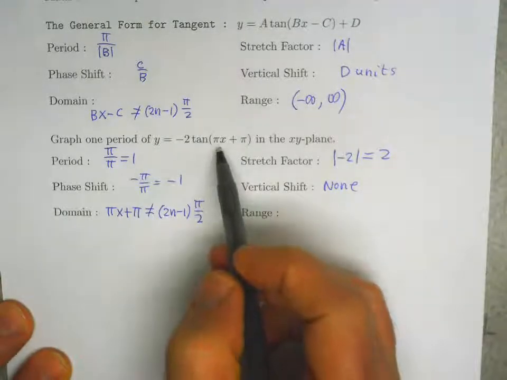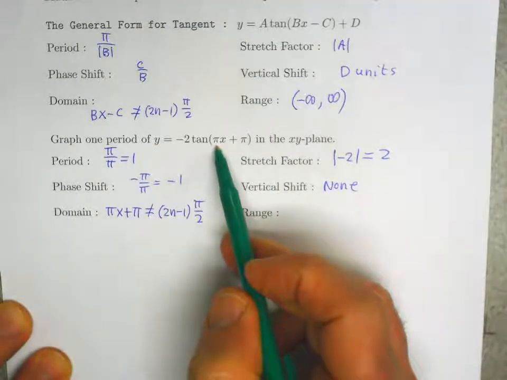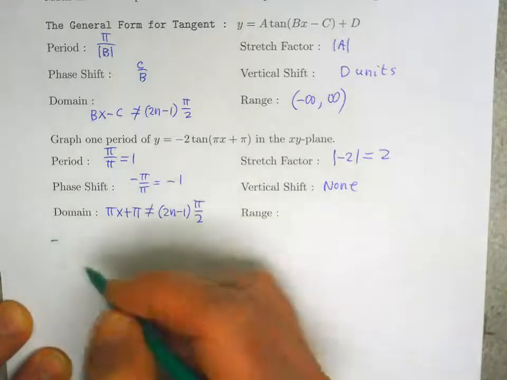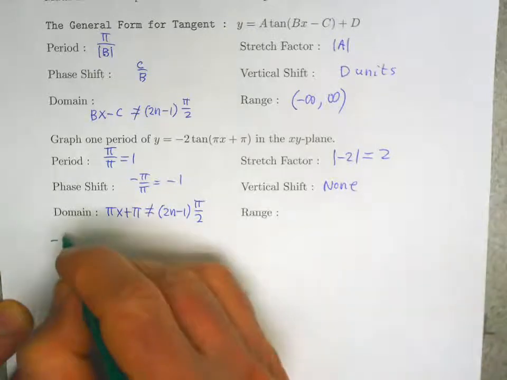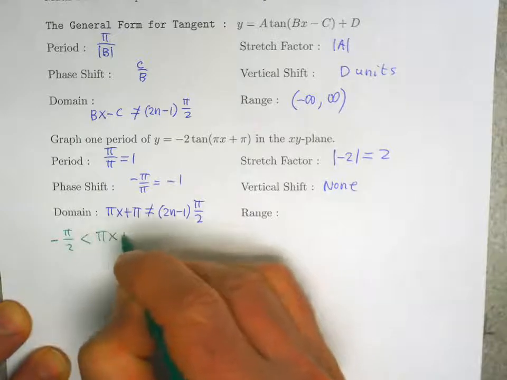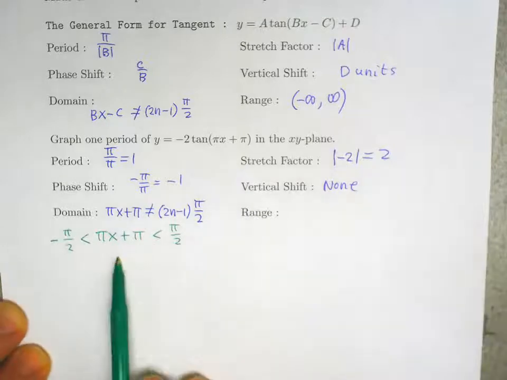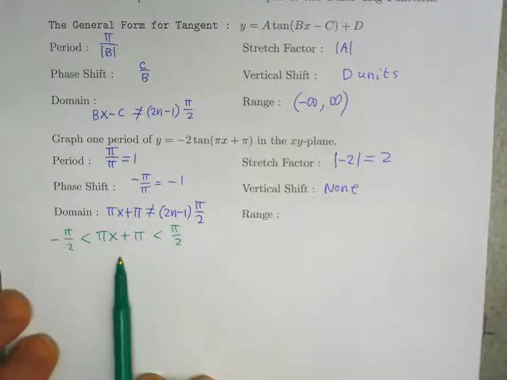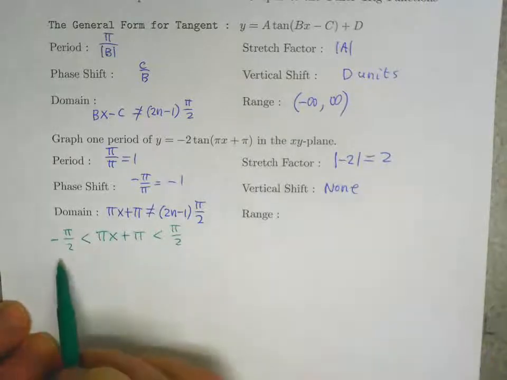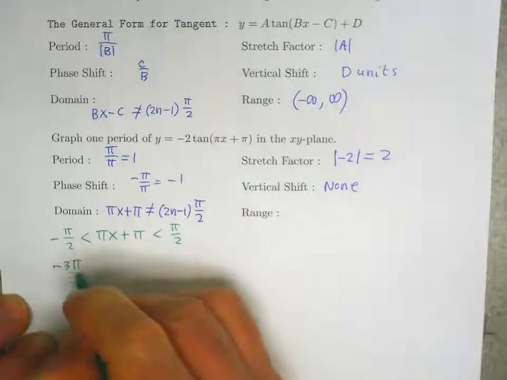Okay, so I'm going to, again, use the argument pi x plus pi. I'm going to write for that middle interval, -pi over 2 is less than pi x plus pi, which is less than pi over 2. And then solve this inequality for x. So first we'll subtract pi from both sides. -pi over 2 minus pi is -3 pi over 2.